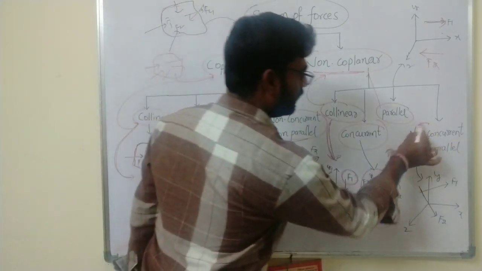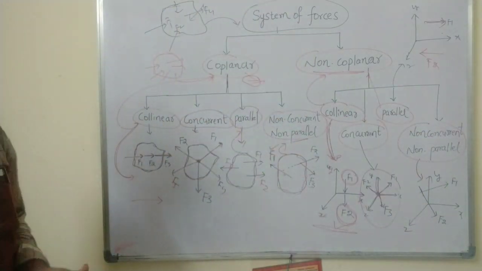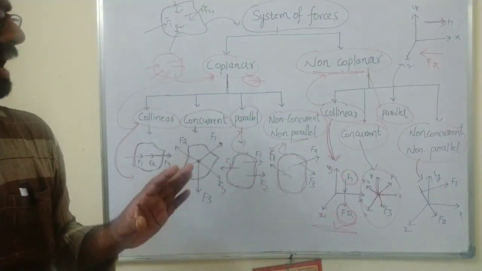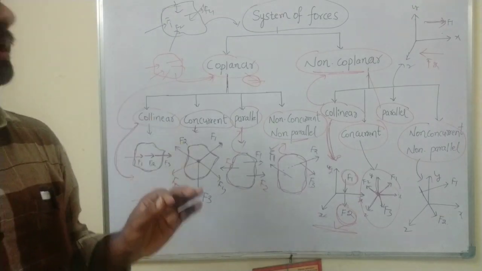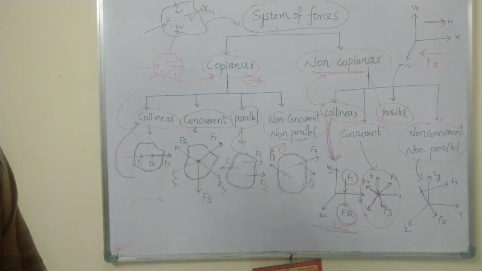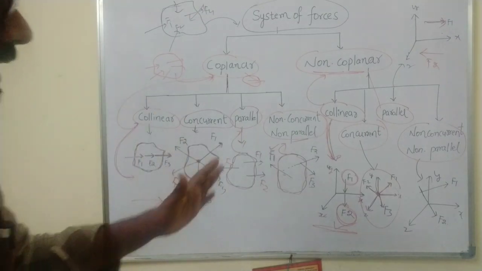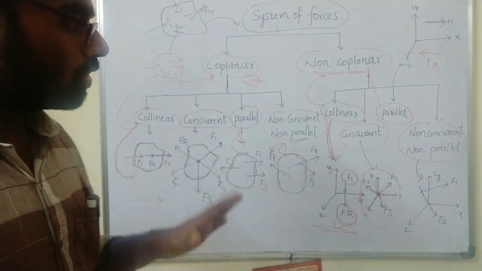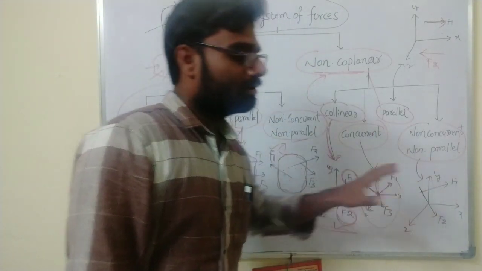Okay, so finally non-concurrent, non-parallel. So what is the definition of non-concurrent, non-parallel? See here. The line of action of the forces are neither parallel nor meet at a common point, in different planes.